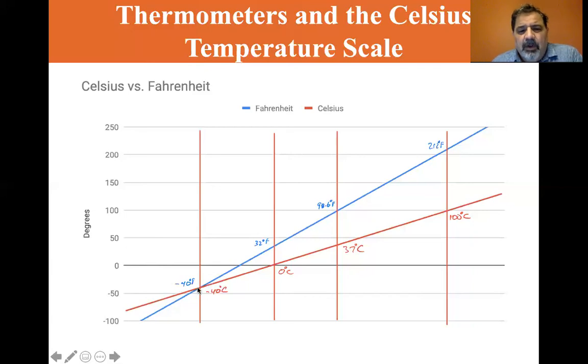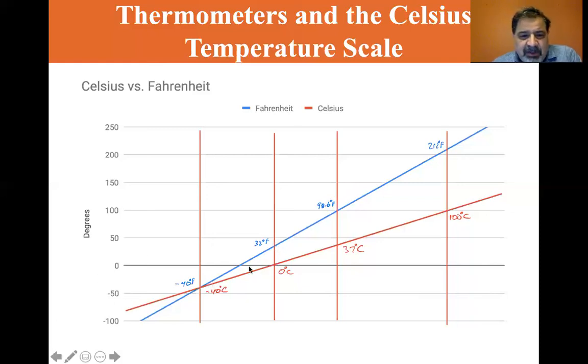Okay, so we said that minus 40 degrees F equals minus 40 degrees C. Now here the horizontal scale is just the position of my calculation. It's really the vertical scale that you want to pay attention to. This is degrees, irrespective of whether it's Fahrenheit or Celsius. It's just degrees. So minus 40 is equal to minus 40.